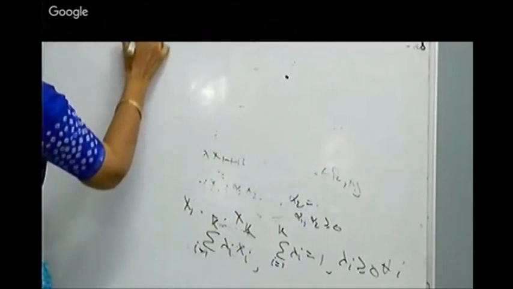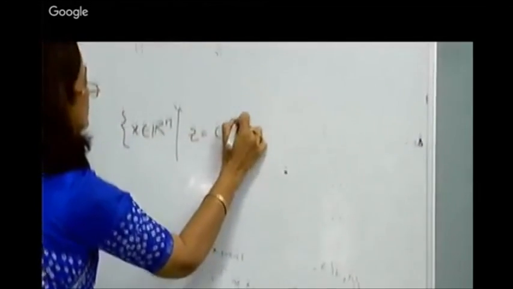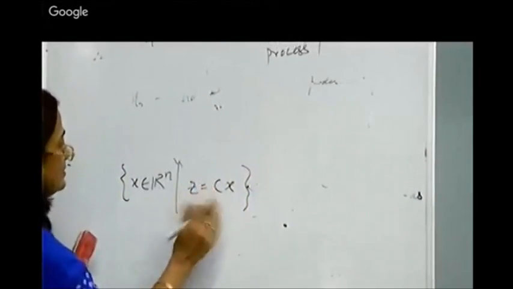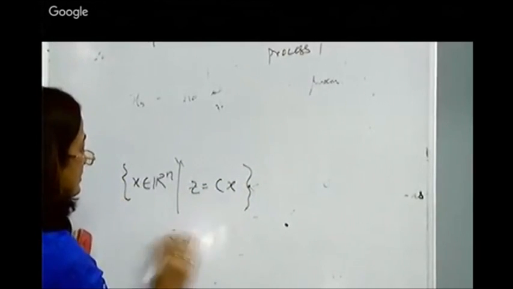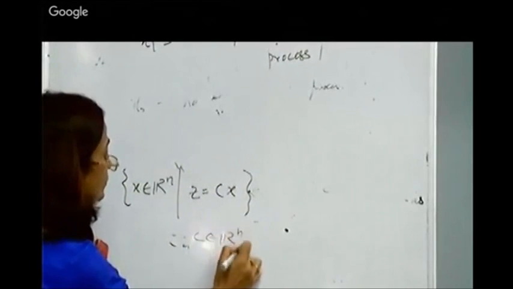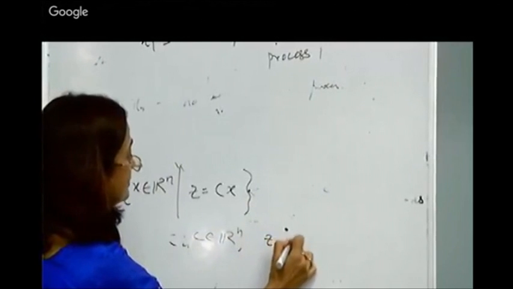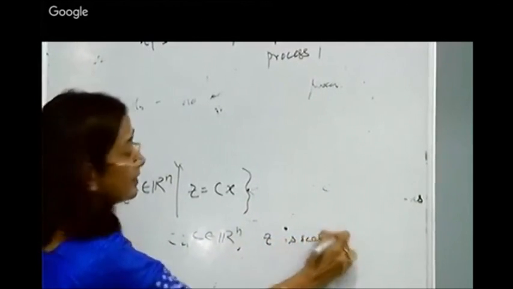So then I come to hyperplanes, because all these things are needed here. What is a hyperplane? A hyperplane is a set in Rn such that z equals cx, where c is a vector in Rn which is given to you, and z is a scalar again given to you.